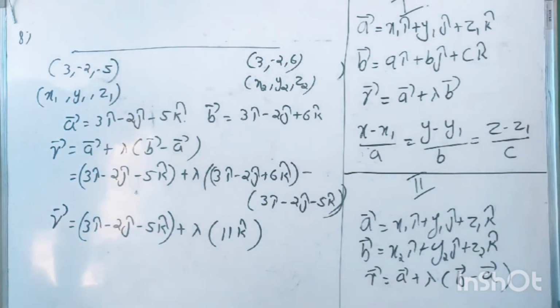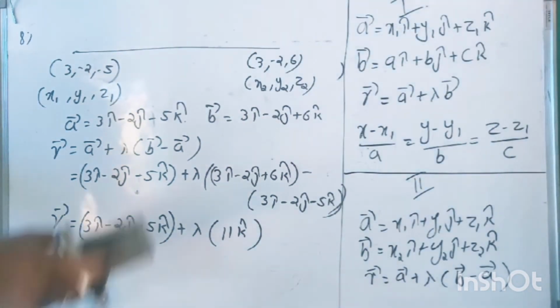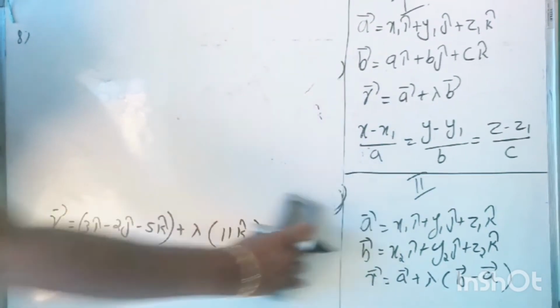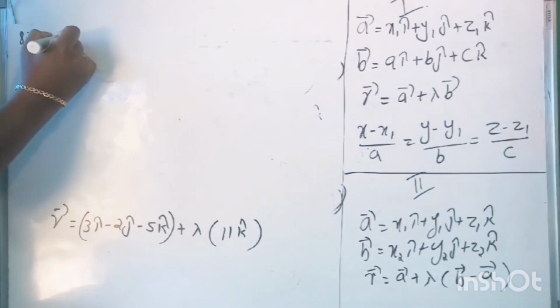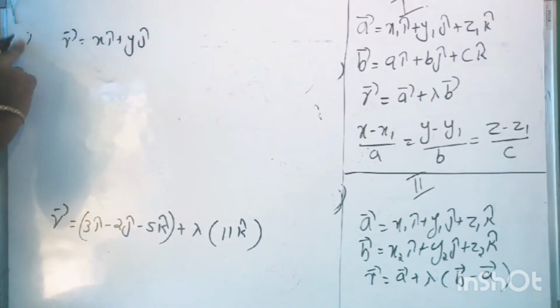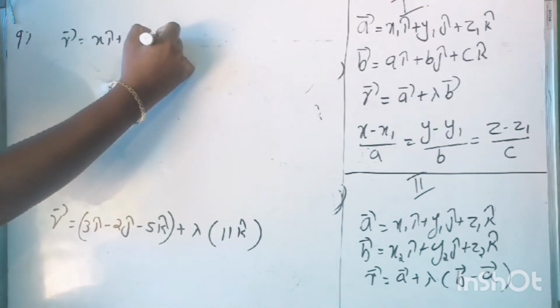So this is our vector equation. R vector is equal to 3i minus 2j minus 5k plus lambda into 11k. We need to find out the Cartesian equation also. To get the Cartesian equation, we will put R vector is equal to xi plus yj plus zk.